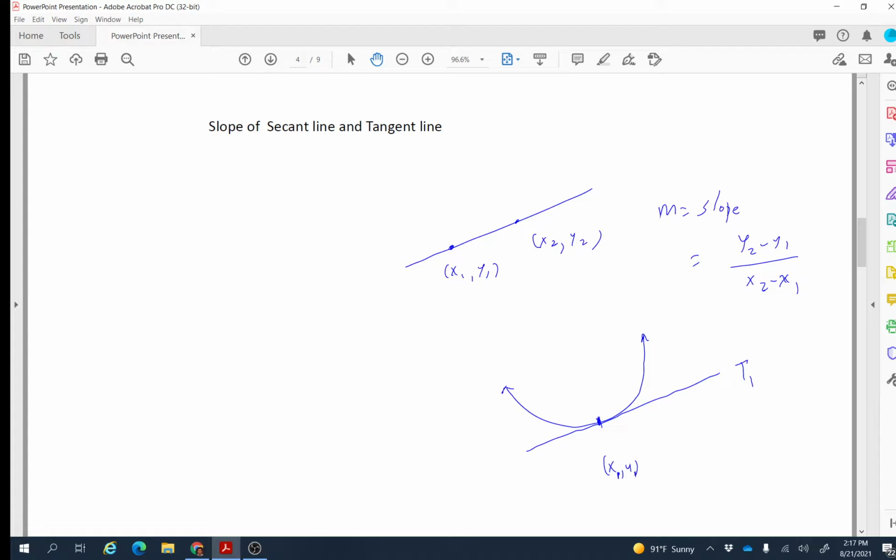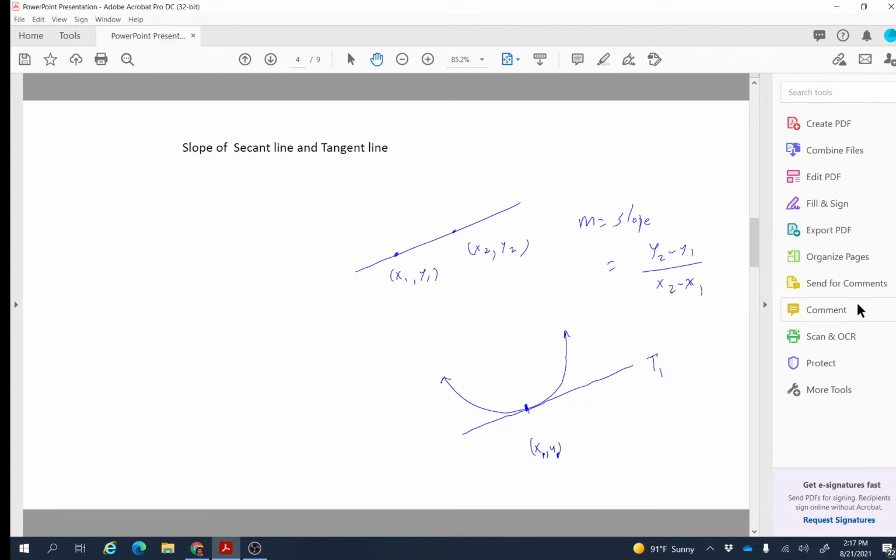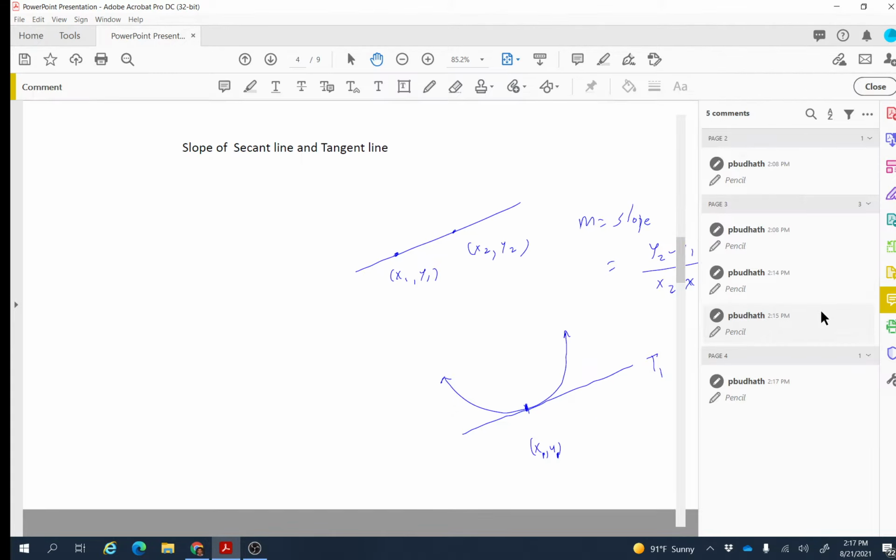I would like to find the slope of this tangent line t1 at point (x1, y1). We know how to find the slope of a line if we have two points, but in this case we just have one point.